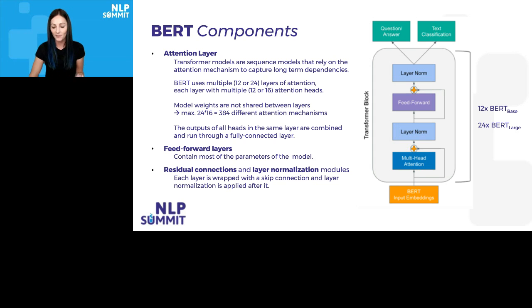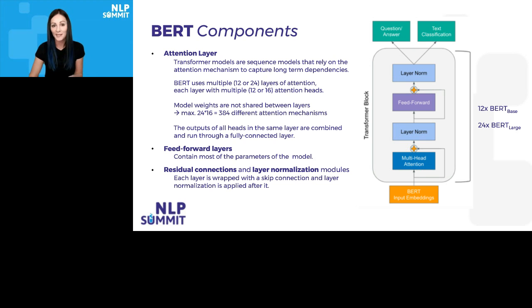And also, they don't just have a single attention head, as it's called. They do have a couple of those, so it's a multi-head attention. And also, again, depending on which model you use, it can be 12 or 16 in this layer. So overall, BERT can leverage 384 attention mechanisms as those transformer blocks are stacked.